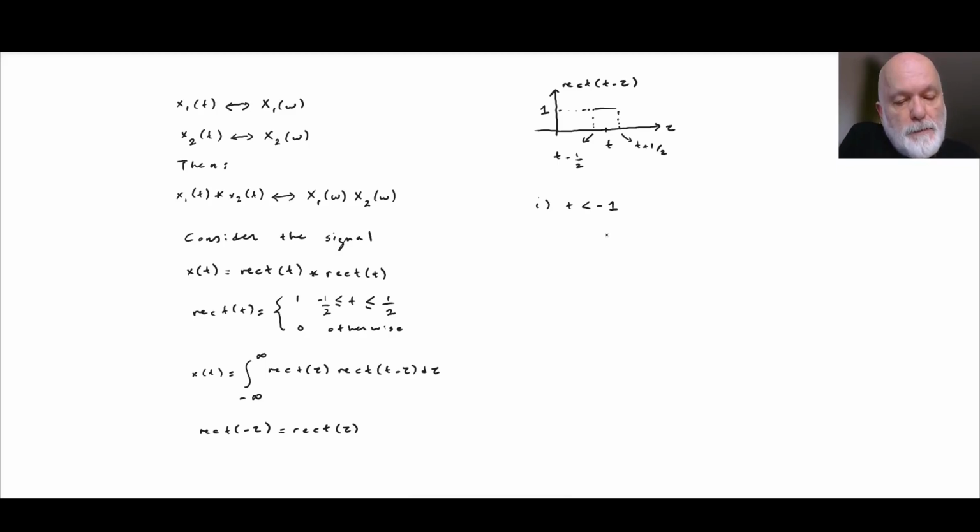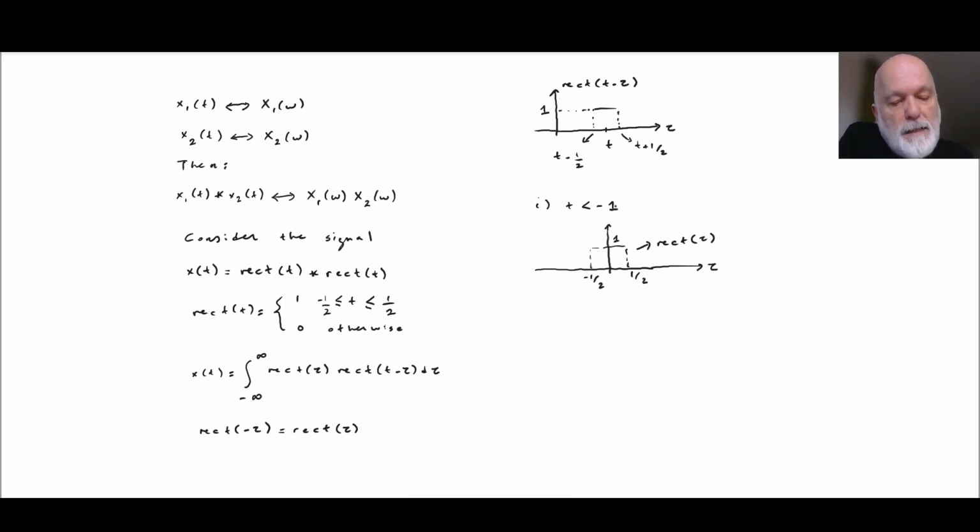So let us plot rect of tau and rect of t minus tau on the same plot. So this is tau. This will be rect of tau, between minus 1/2 and 1/2, and the value is 1. I do not write anything on the vertical axis because I'm going to show both rect tau and rect t minus tau on the same plot.